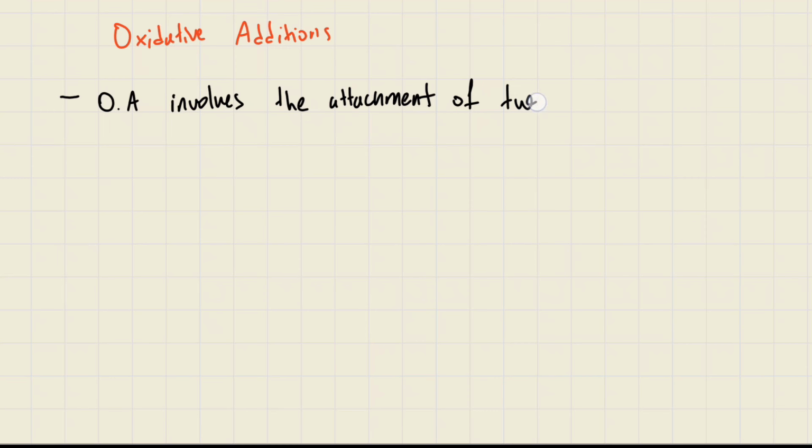And iridium 3+ in our case has 6 electrons. So this complex is an 18 electron complex, right? I just add them up, and this is a 16 electron complex after the addition of the hydrogen, and by the way, there is an elimination of the CO here.